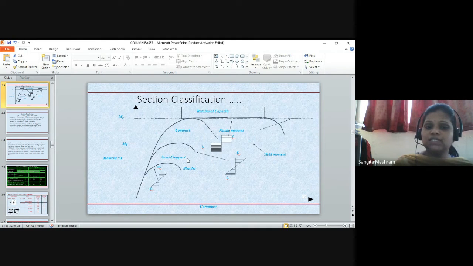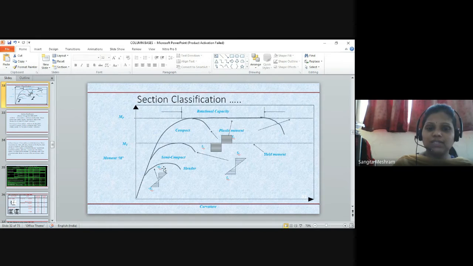In a semi-compact section, the moment is also less than the yield moment, M is My. In a compact section, the moment is less than the plastic moment, and in a plastic section, M equals Mp. When we consider the moment of a specific section with the yield moment and the plastic moment, you can compare with this.